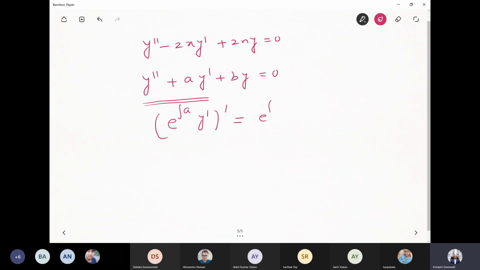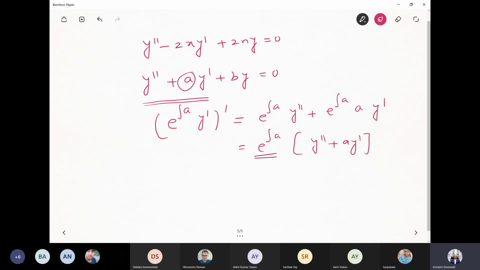Exponential of integral a times y double prime plus y prime times the derivative of the integral of a, which is a. That means a times y double prime plus a y prime. So I look at what this a is, then write exponential of the integral of this, and multiply by that.